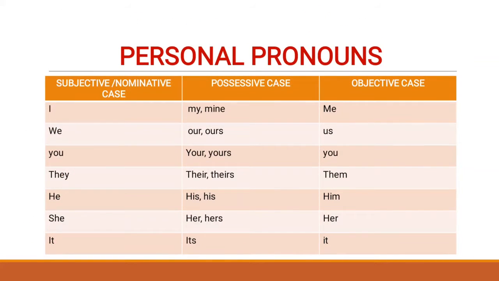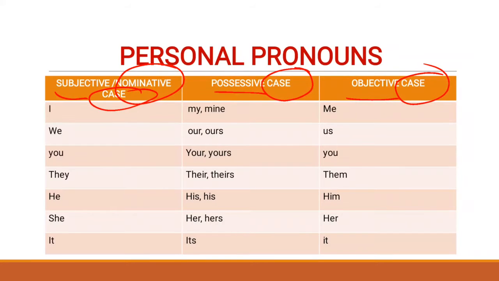Now, let's talk about step 2. In step 2, we need to understand that in English grammar, we have cases. And here, case means situation. When we use pronouns in our sentences, we can use them as subjects, objects, or as possessives. The pronouns which are used as subjects in a sentence are called subjective case or nominative case.